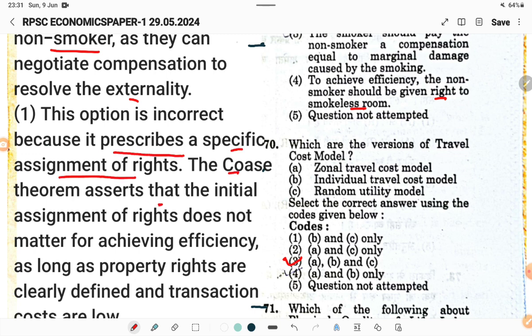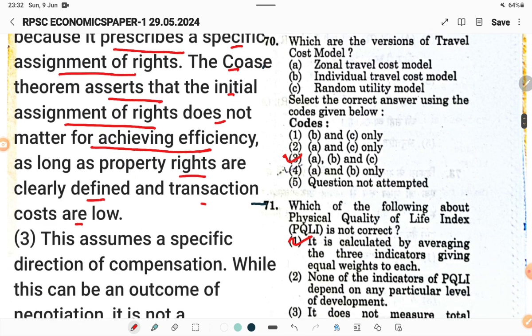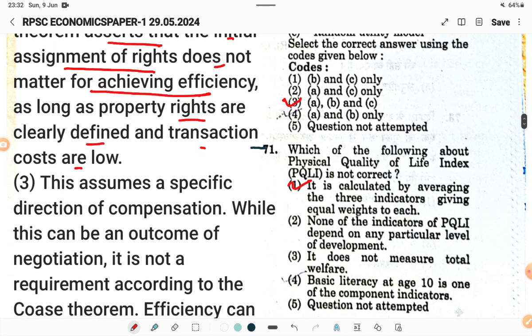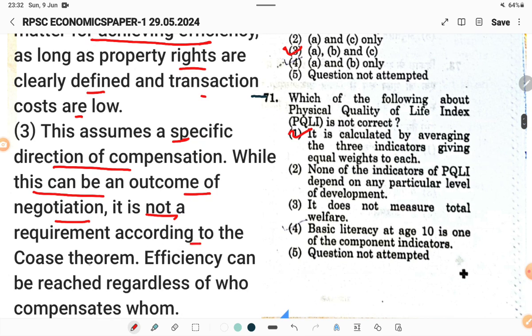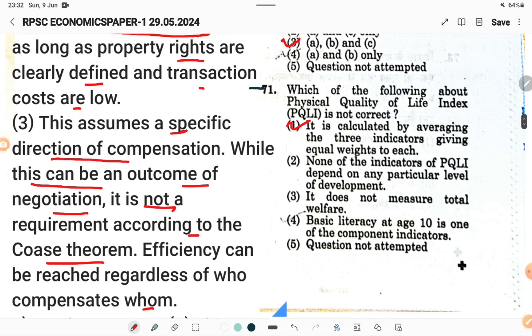The Coase theorem asserts that the initial assignment of rights does not matter for achieving efficiency as long as property rights are clearly defined and transaction costs are low. And the third statement is also incorrect because it assumes a specific direction of compensation. While this can be an outcome of negotiation, it is not a requirement. According to the Coase theorem, efficiency can be reached regardless of who compensates whom.